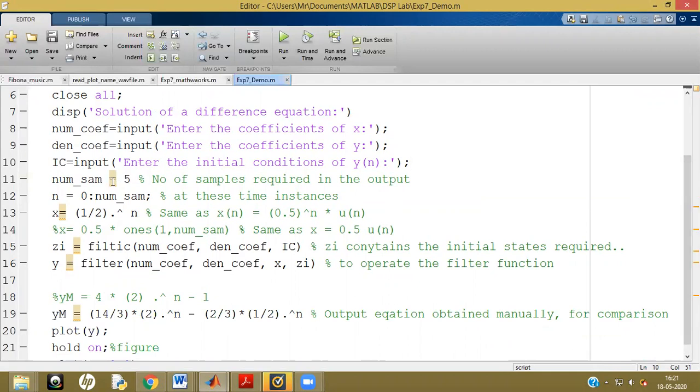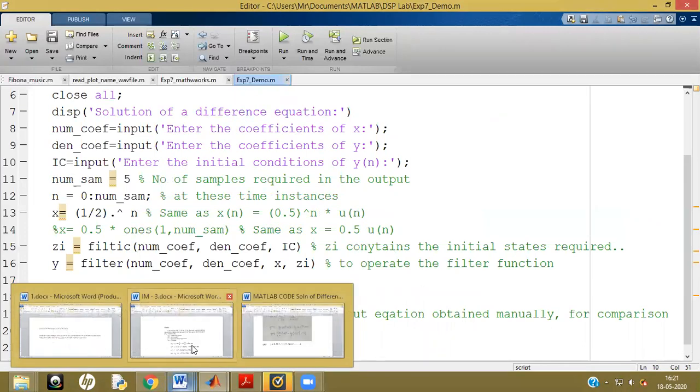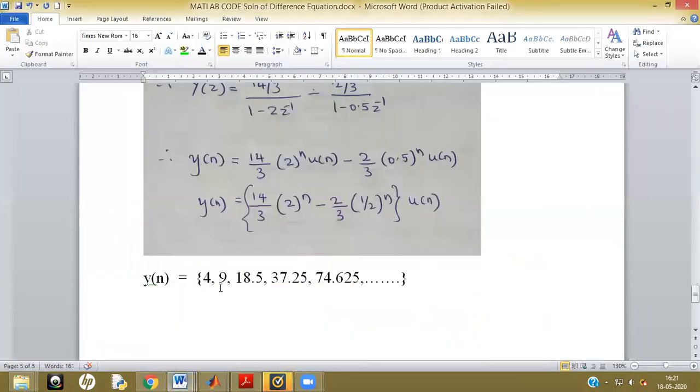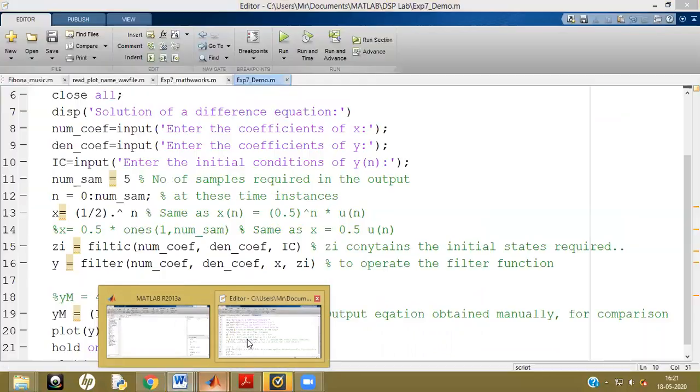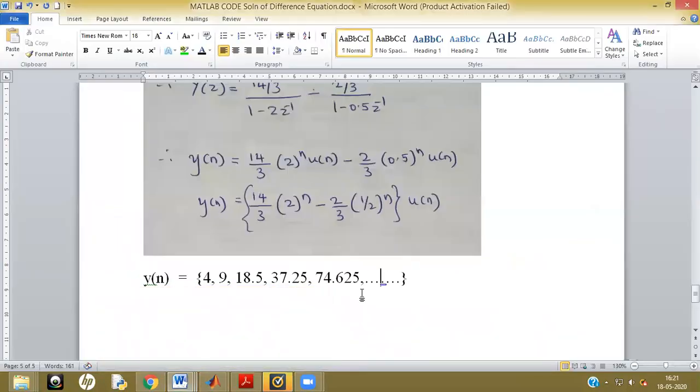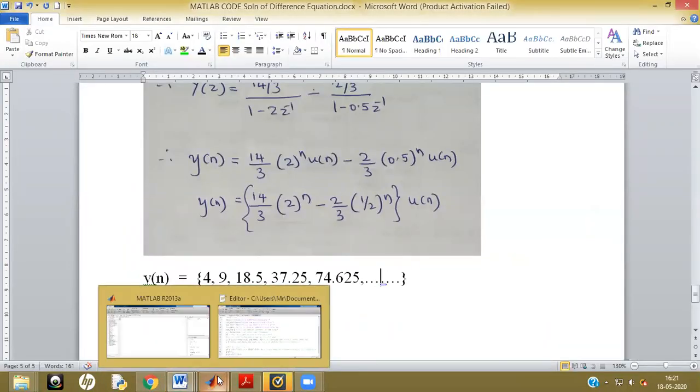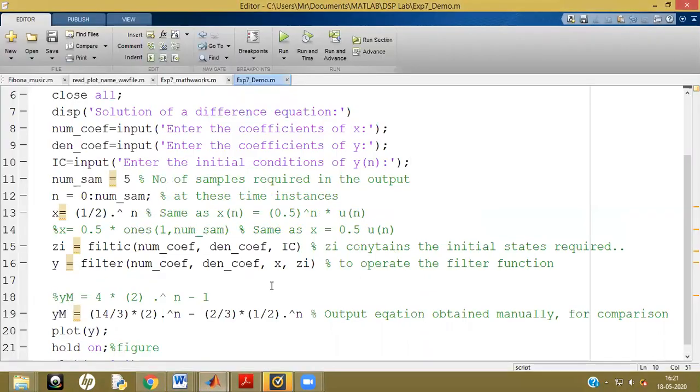and here how many samples you want to calculate. Say for example you want five samples in the output. See, 1, 2, 3, 4, 5. So if you want 25 or 100, you can enter those values, just for comparison. You can do the comparison of your solution and the value returned by MATLAB.